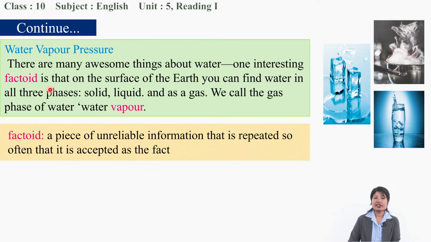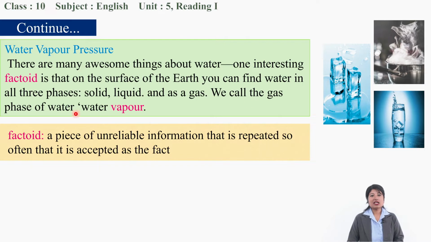There are many awesome things about water. One interesting factoid is that on the surface of the earth you can find water in all three phases: solid, liquid and gas. Don't we find that? Yes, solid, ice cubes, and then gas form when water evaporates, and then of course liquid is water. So vapor is what?